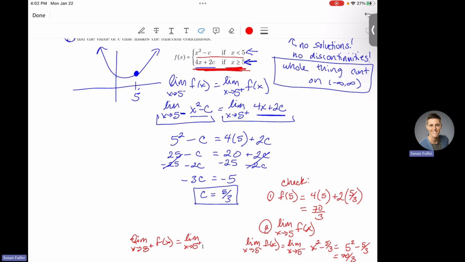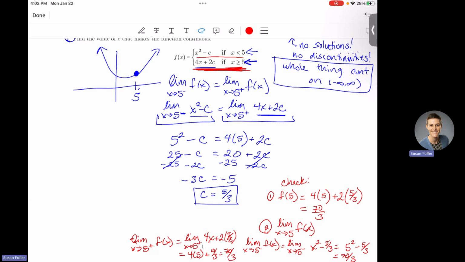I'm down here. I'm going to use 4x plus 2 times c, which is 5/3 here. And the limit as x approaches 5 of this is going to be 4 times 5 plus that 10/3. And when I put this in my calculator, I get 70/3.